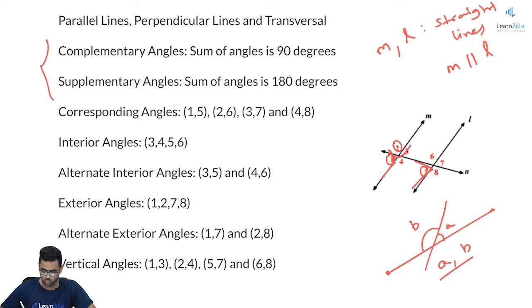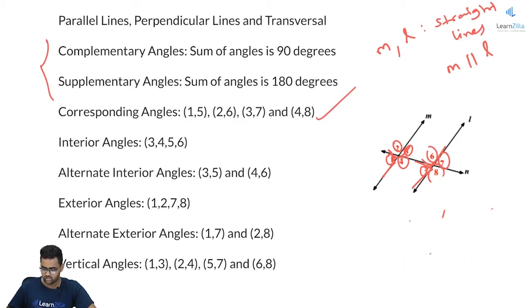Similarly, you can have 2 and 6, 3 and 7, and 4 and 8. All these angles are called corresponding angles because they occupy the same position on both the lines.